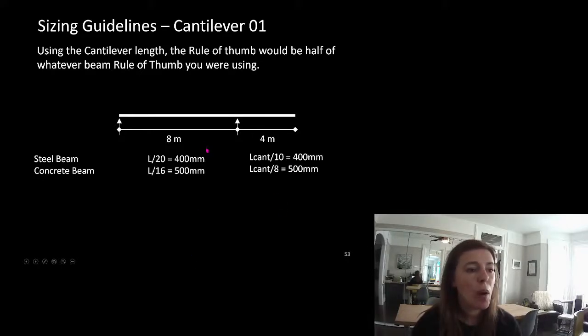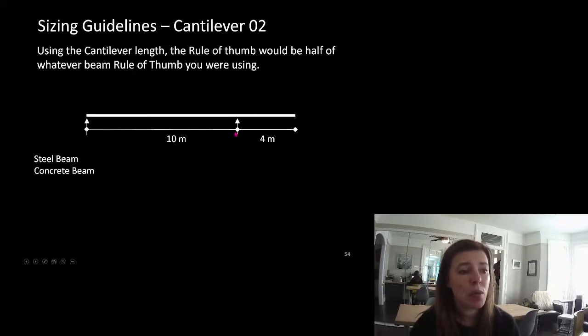Perfect. What happens if we mess with these backspans and relative dimensions to each other? So this cantilever was half of the backspan, and we're halving our sizing guidelines. What happens if that's not what we're doing? What if this is 10 meters and this is 4 meters? Well, we would have a 500 deep steel beam. Obviously, we'd bump up the size.